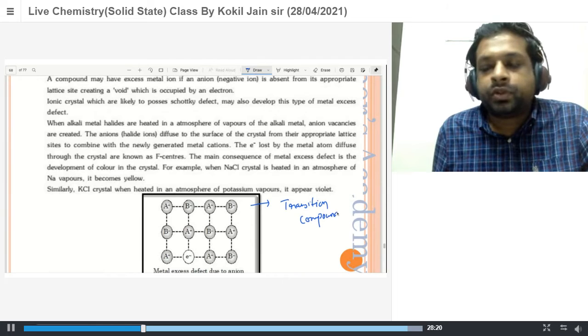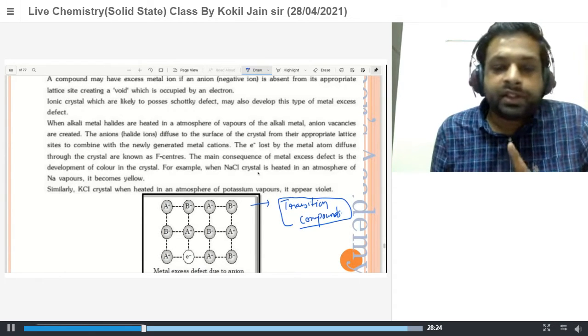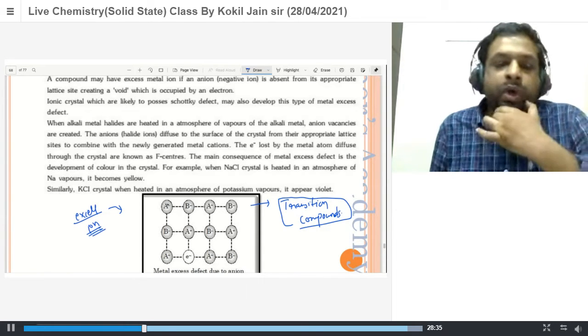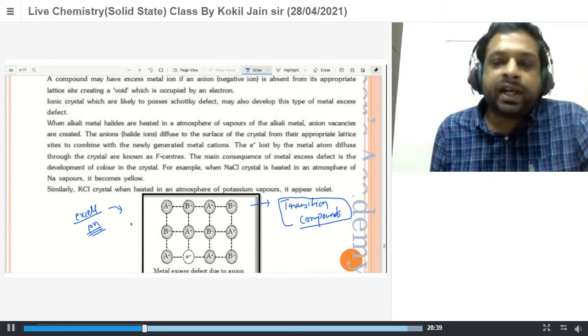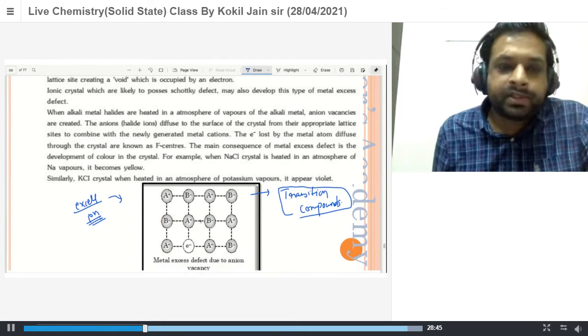What happens here is there are two things: either they are going to have excess ions, or at least one ion is absent from its appropriate position. Okay, now let's see what happens here.